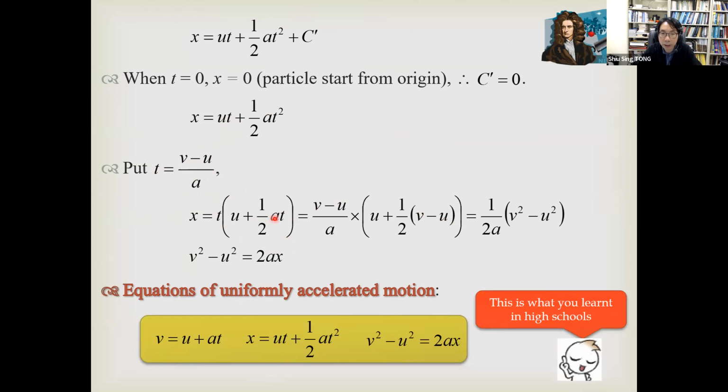The a in the bracket gets cancelled. After some algebra, what I get is 1 over 2a times v squared minus u squared. When I move the 2a to the left-hand side, it becomes v squared minus u squared equals 2ax. And that is, of course, the formula I learned in high school also. So I got the three formulas I learned in high school, but now we derived them by using integration.